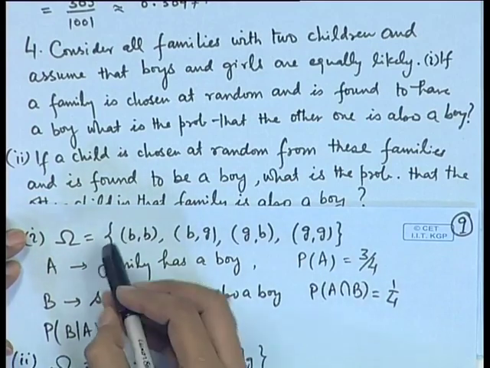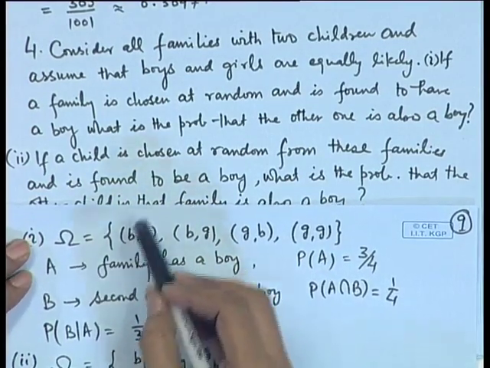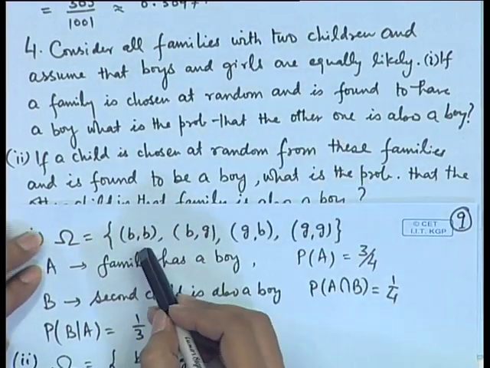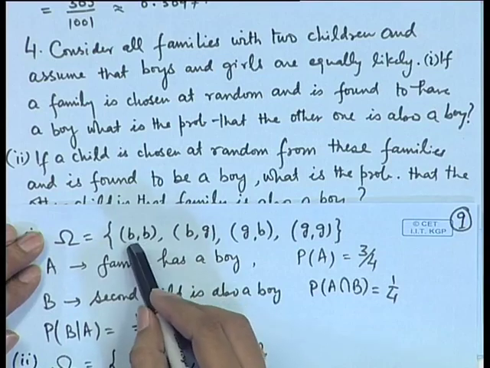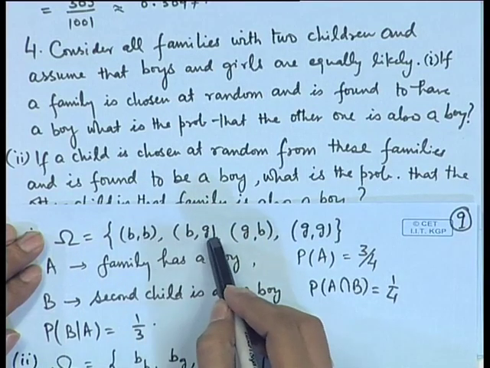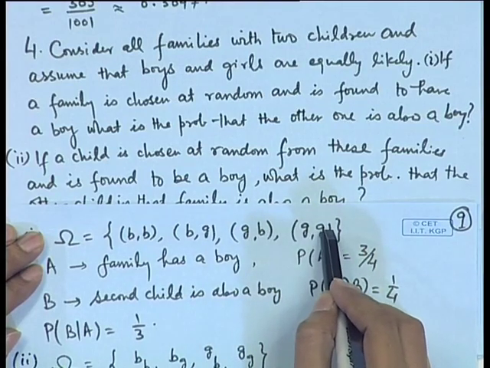You will see that the representation of the sample space will be different in both these cases. Let us take the first case. In the first case, we are considering families with 2 children. So, we can put it as an ordered pair: both of them are boys, first is a boy and second is a girl, first is a girl and second is a boy, or both are girls.